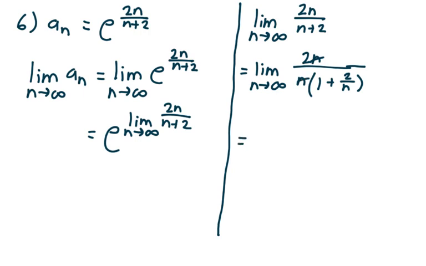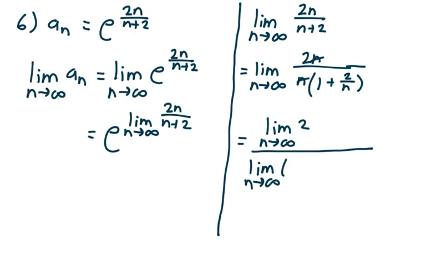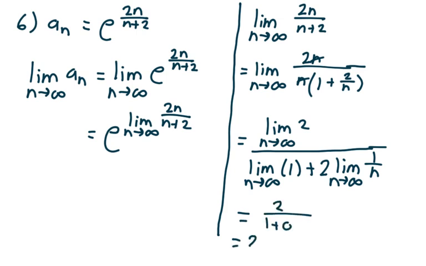And we're going to apply the limit laws here. So this is the limit as n goes to infinity of 2 divided by the limit as n goes to infinity of 1 plus 2 times the limit as n goes to infinity of 1 over n. But this is 2 over 1 plus 0, which is 2.